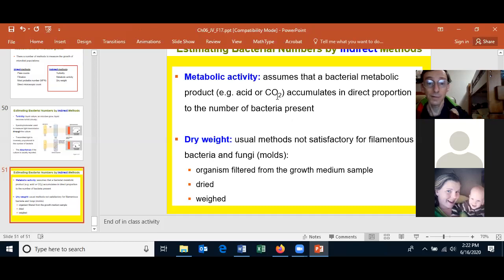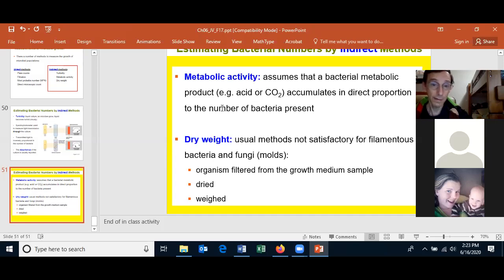You measure how much CO2 is coming off, and the more CO2 there is, the more cells there are. Okay, and then you look on a chart, and it gives you an estimate for the number of cells from the metabolic activity, like the amount of CO2 that is made. Any question about metabolic activity?